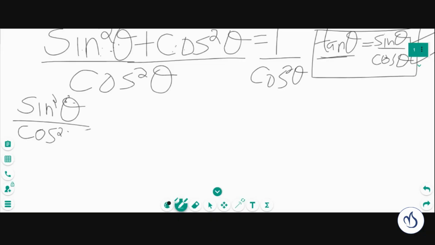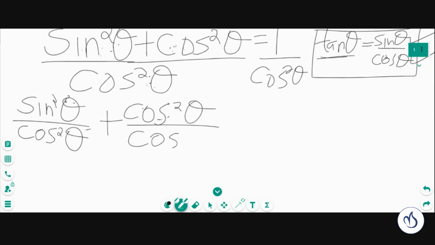Also, the cos squared theta will also be divided by the same denominator. The denominator will divide all the numerators.